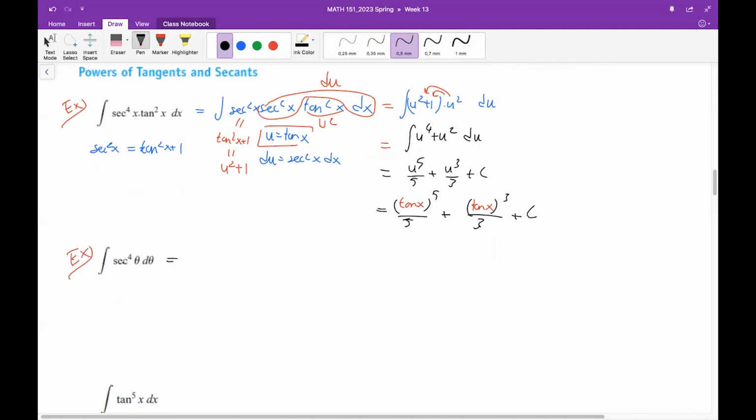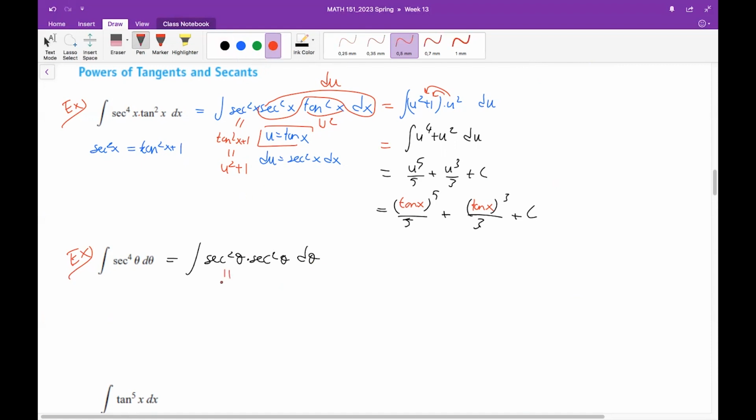If you have secant to the power 4 theta d theta, the first thing that you can do, there is only one thing that you can do here, is separating secant squares like that. The first step is so obvious, and inserting this for one of the secant squares, okay?